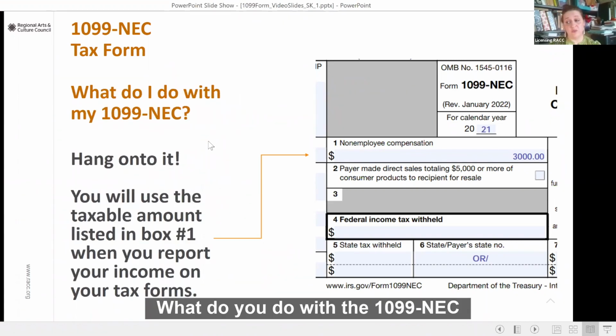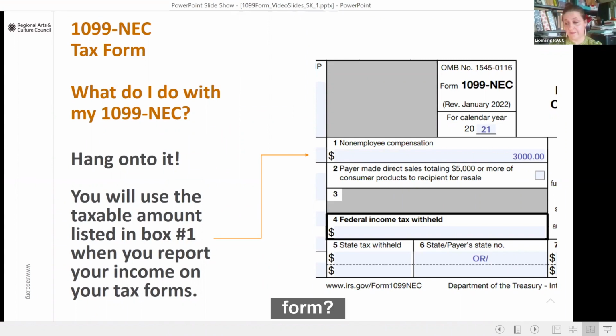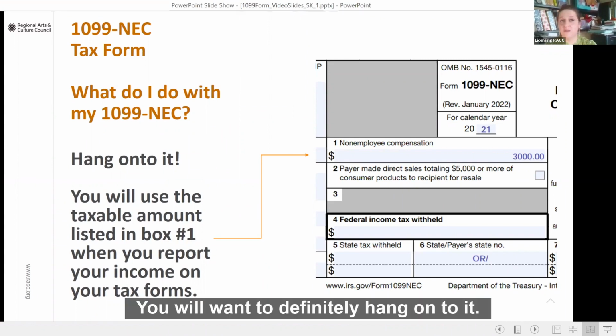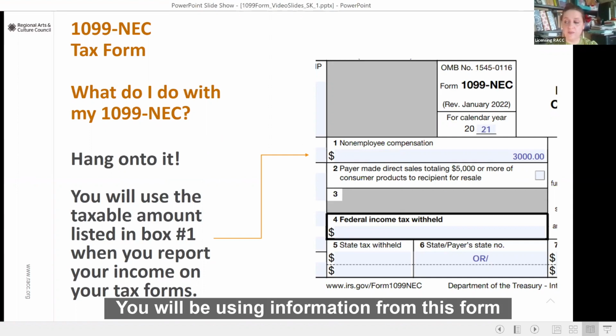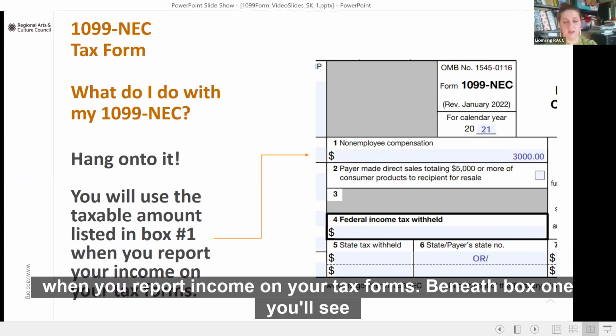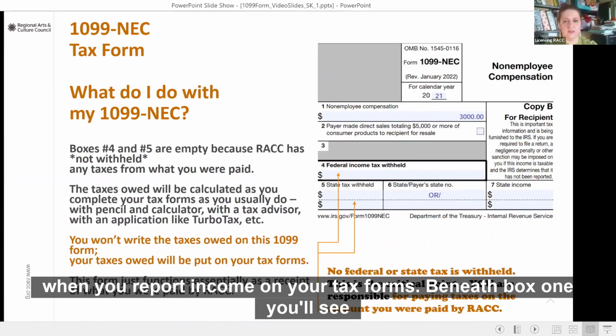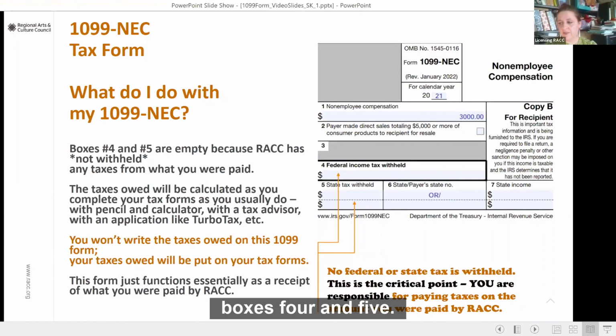What do you do with the 1099 NEC form? You will want to definitely hang on to it. You will be using information from this form when you report income on your tax forms. Beneath box 1, you'll see boxes 4 and 5.